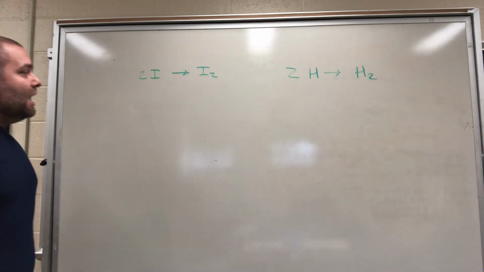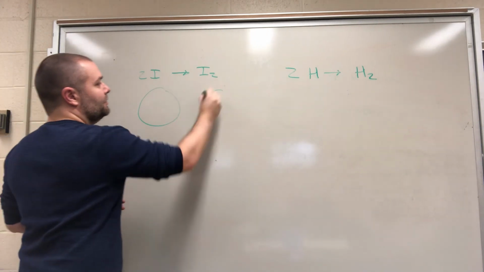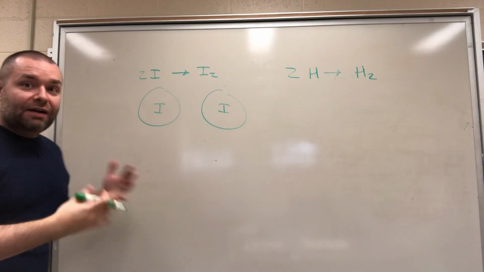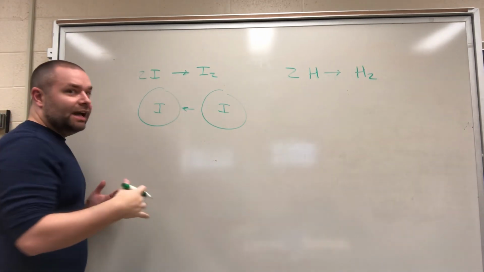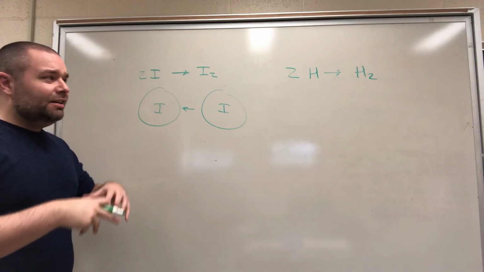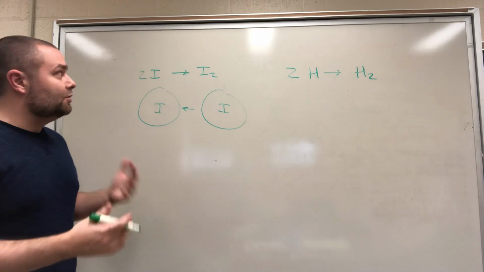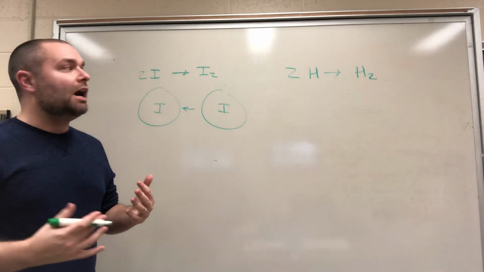Remember what we know about I based off our periodic trends. I is really, really big. So here's an I and here's an I, and they're moving around in a sample, and oh, I is really big. It's real easy for these guys to hit each other with enough energy. Just because they're so big, there's going to be more smacking into each other, which means there's going to be more product made, which means that the rate for that temperature is going to be higher, right?